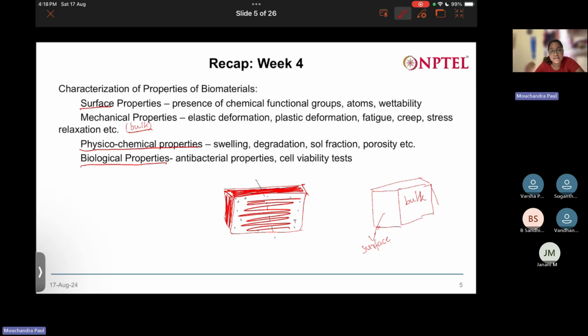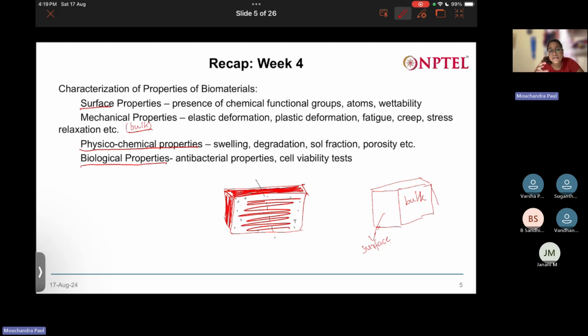Then whatever cells you add or culture on this material should stay alive. All right. And you want to quantify what percentage of the cells are alive over a period of time. We do this using a class of tests called cell viability tests.